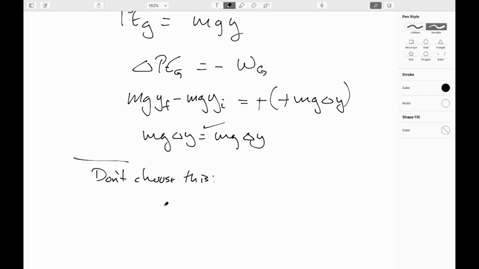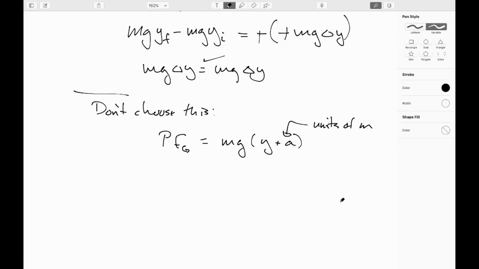You could choose to instead let your gravitational potential energy be mg times y plus some value a, as long as it's got units of meters, or whatever distance units you're working in. That would also work.